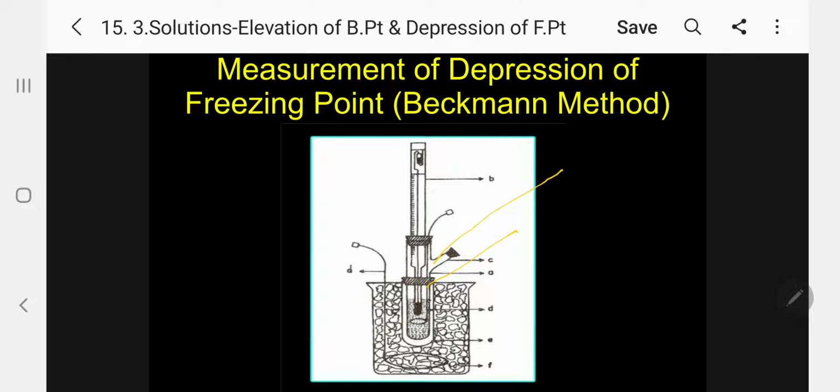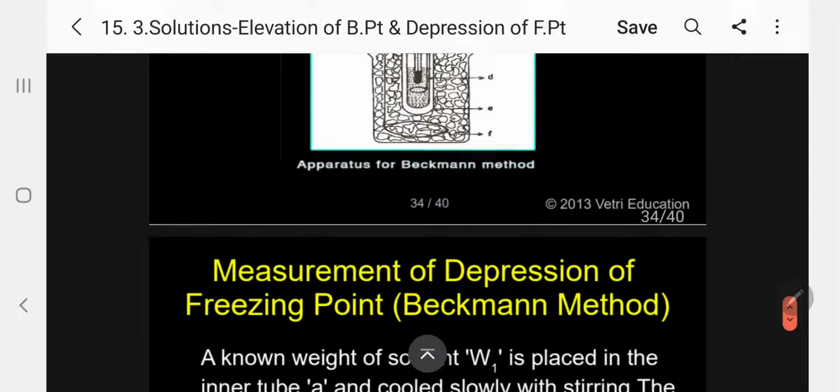Inside the inner tube we take a known solvent, along with a stirrer. Kindly follow. The entire arrangement, that is inner tube plus outer tube, we can place in a beaker containing freezing mixture, that is ice and sodium chloride. This is the setup we have. Please keep this in mind. Now follow me.